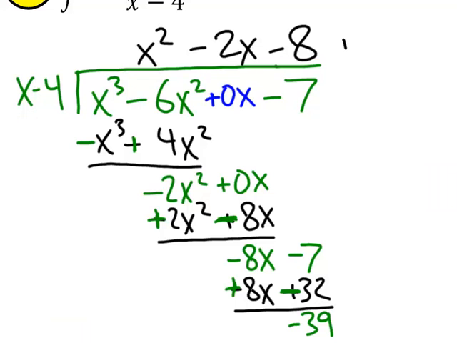Now, back in grade school long division, you have the option of putting remainder negative 39 in this case, but that's not what we're going to do. Recall that you also had the option of adding a fraction of this numerator divided by this as a denominator. That's what we're going to choose to do. So we're going to add negative 39, I'll just say minus 39, over x minus 4.